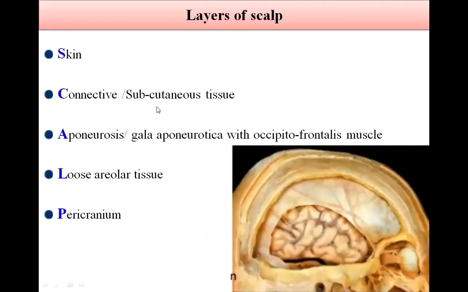Now coming to the layers of the scalp. There are 5 layers of the scalp. The first one is the skin. Second one is the connective tissue or the subcutaneous tissue.